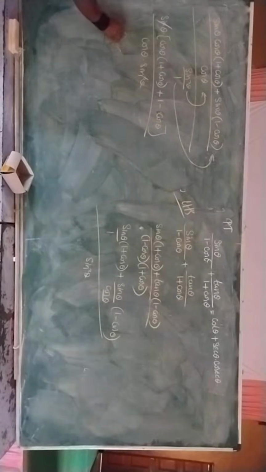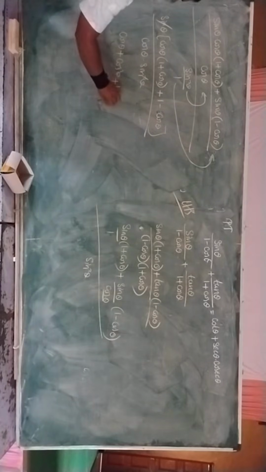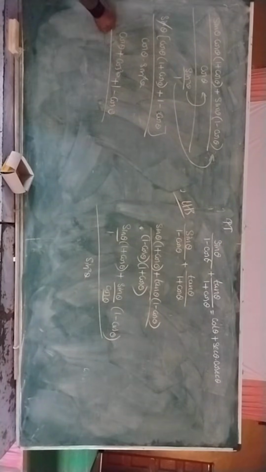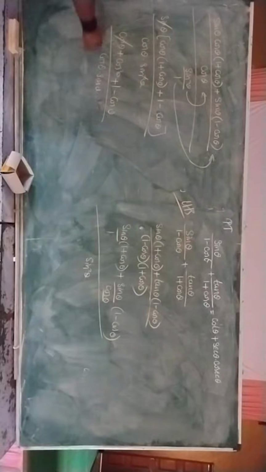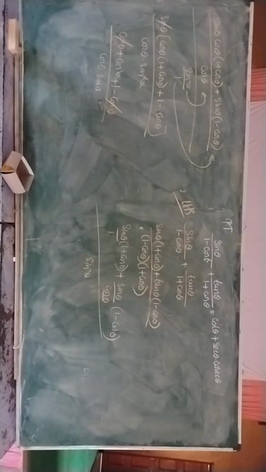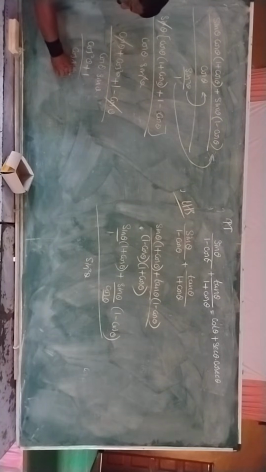Cos theta plus cos square theta plus 1 minus cos theta, divided by cos theta into sin theta. Plus cos and minus cos get cancelled. But the answer is cot theta plus sec theta into cosec theta. So cos square theta plus 1 divided by cos theta into sin theta remains.